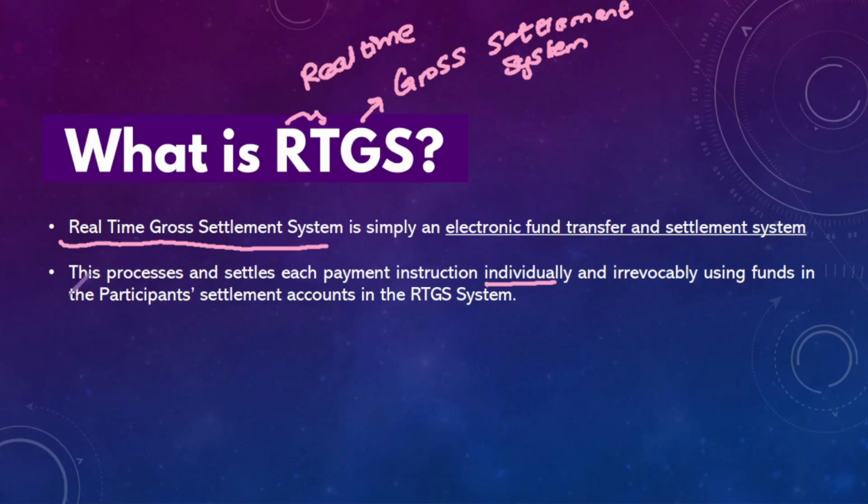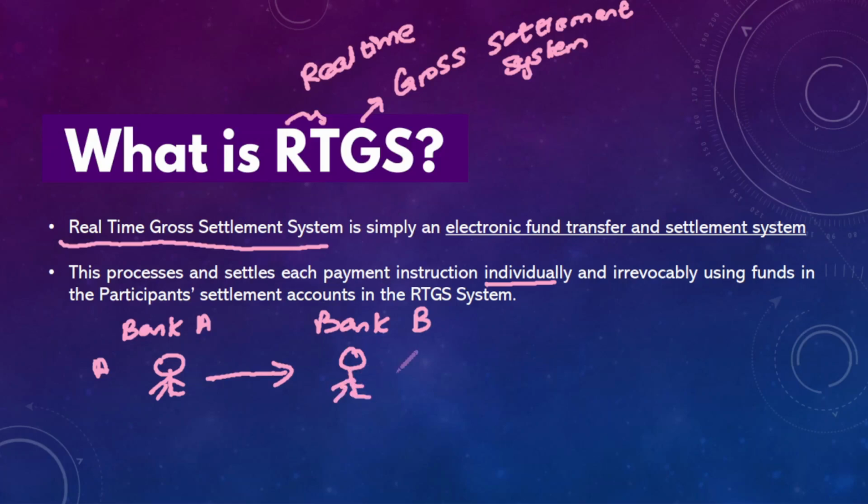Let's take two banks, bank A and bank B. You have one customer A, who is transferring funds to a customer B in bank B, and the transaction value is 5 million.